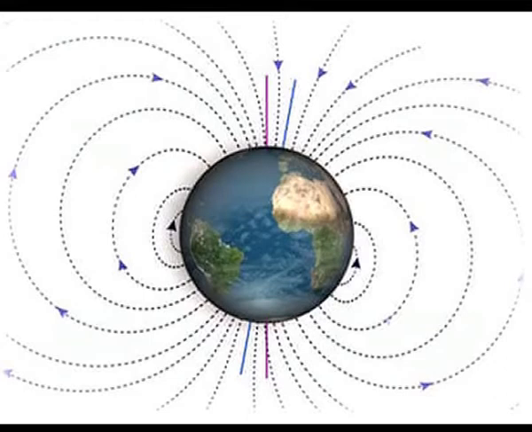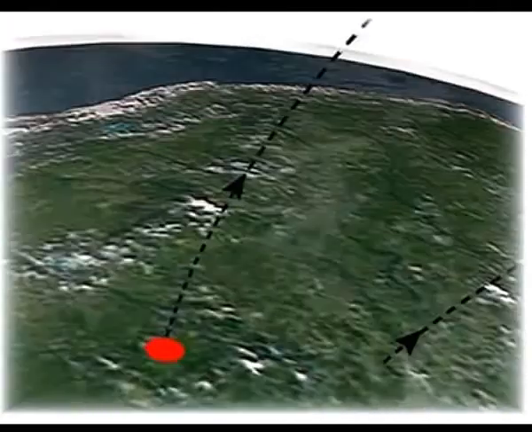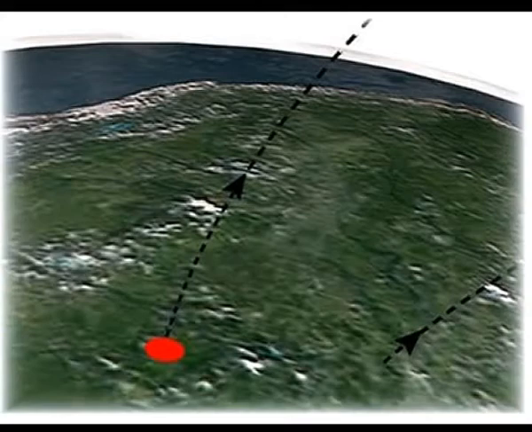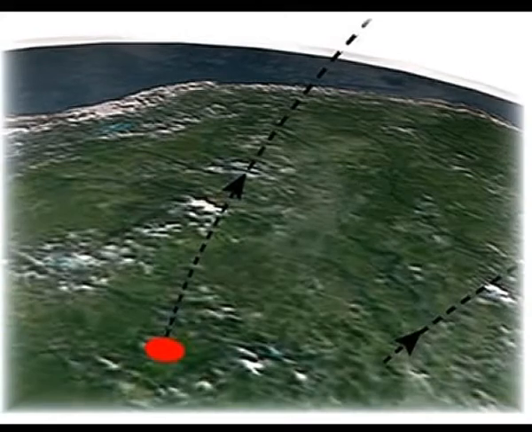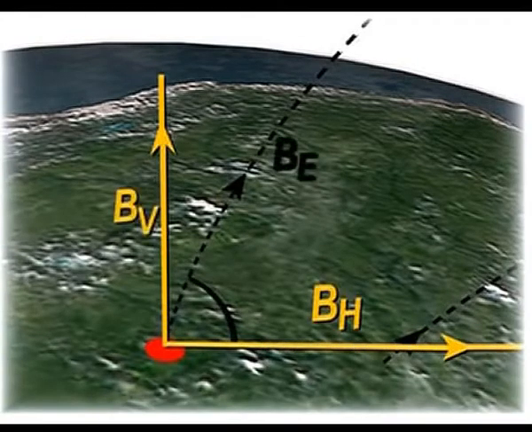And similarly, if I draw a diagram for the southern hemisphere of Earth, here you can see in the southern hemisphere, we consider a point in this picture. If we zoom into the picture, you can see at the point the magnetic field is going away from the Earth's surface, B is outward, and at this point again there will be a horizontal component and a vertical component with the same values.